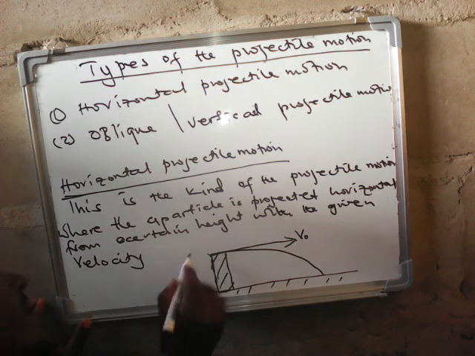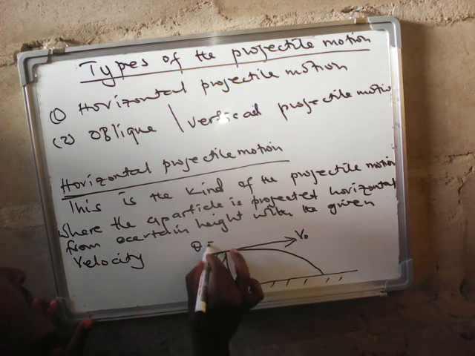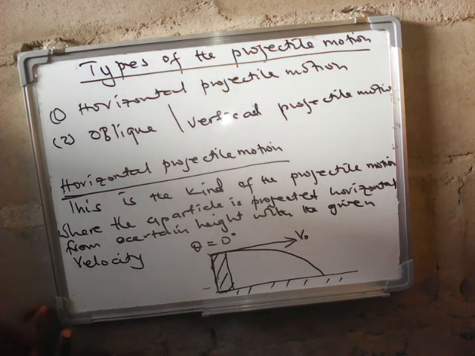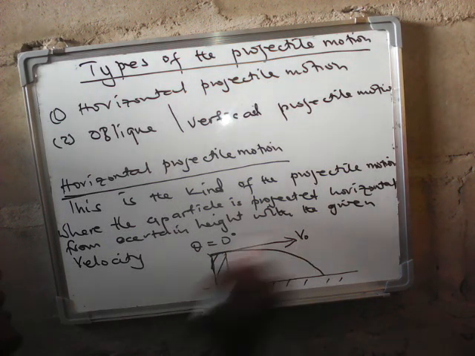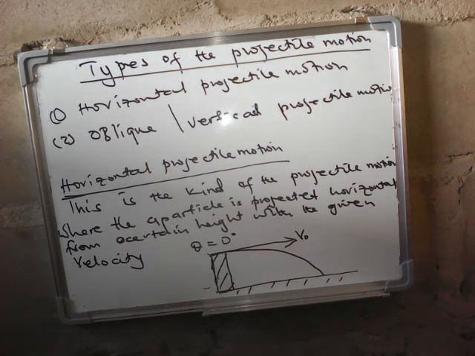But here we shall realize that theta is equal to 0 degrees. So in other words, in horizontal projectile motion, the particle is projected at an angle of 0 degrees, it is given a speed at the start, and it is from a certain height.